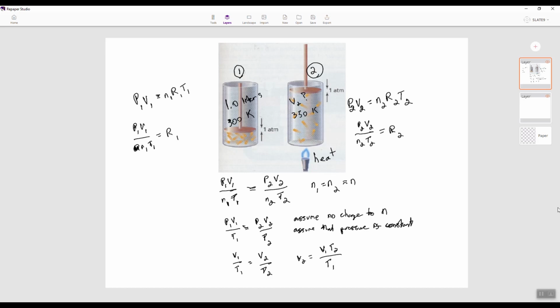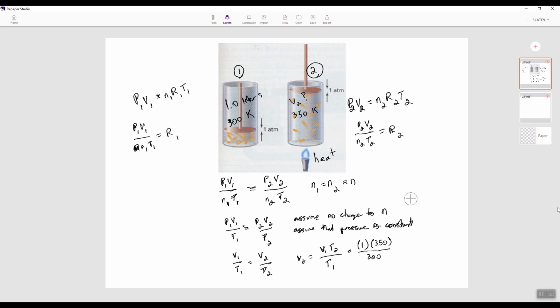So if we plug in those numbers, if we take the 1 liter and multiply by 350, 1 liter, that's V1, 350, that's T2, divided by T1, which is 300 Kelvin. I should get the new volume of that scenario 2 cylinder.